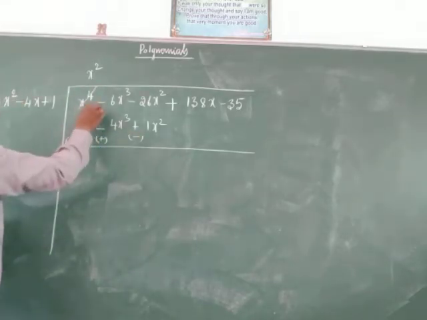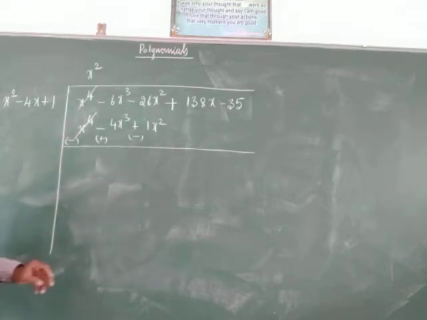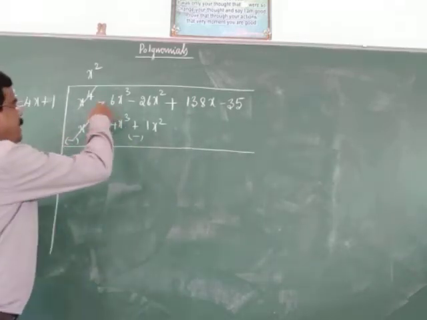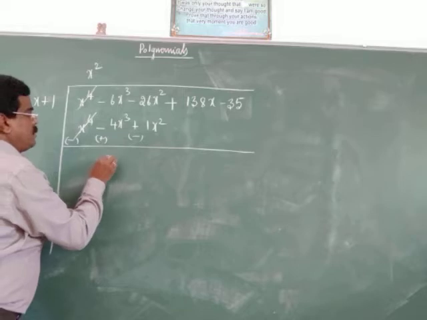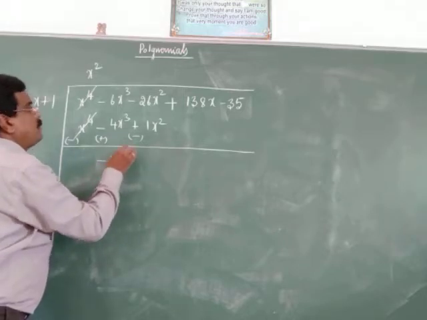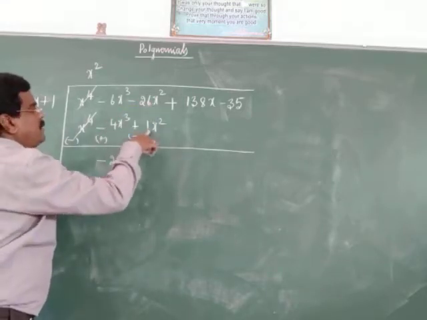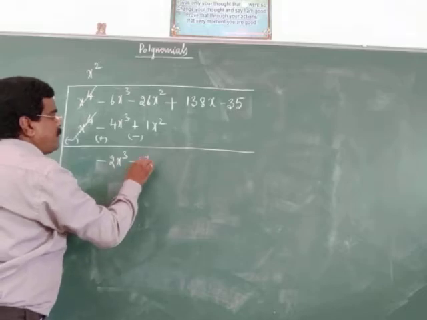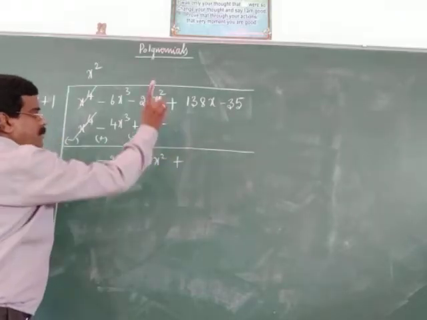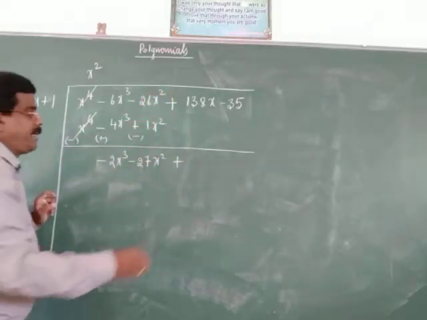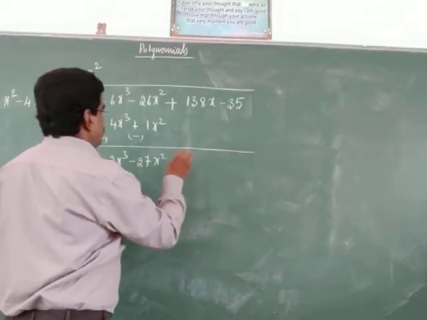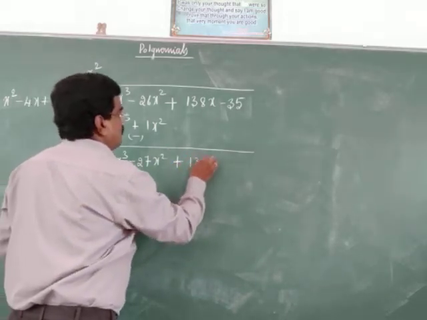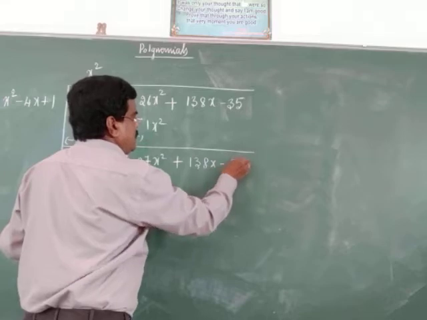Our intention is to cancel the first term. Now minus 6 plus 4 means minus 2x cube. Minus 26 minus 1 means minus 27x square. So bring down the 138x. Minus 35.